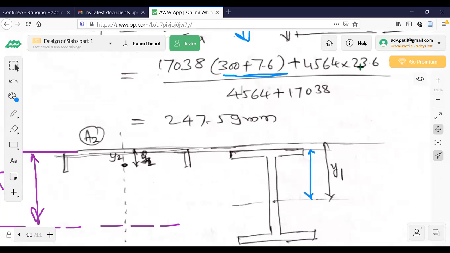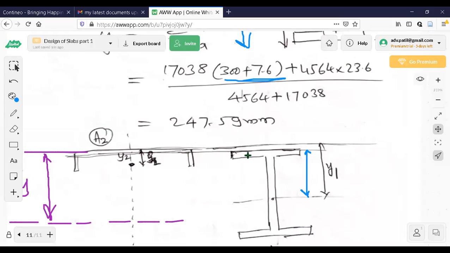What is this Y2? Y2 is the centroid of the channel from the line of reference. This is the line of reference. From this line, this is Y2. So Y2 is already there in the steel table. That Y2 should be written here.